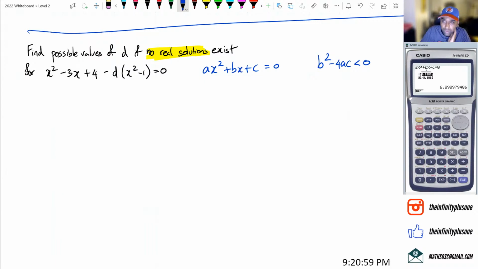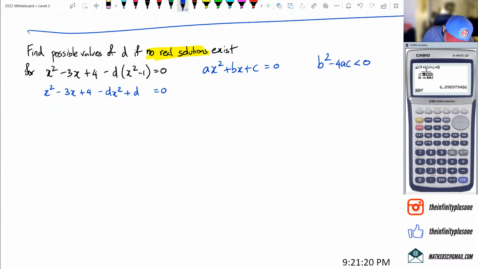We are going to expand the brackets first. So we've got x squared minus 3x plus 4 minus dx squared plus d is equal to 0. All right, so far so good. Next, we're going to combine all of our like terms.